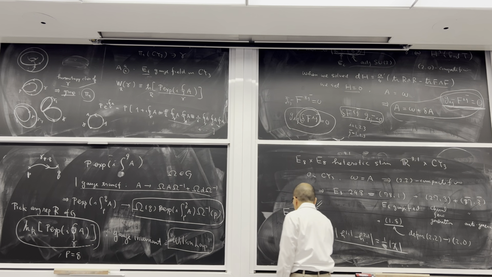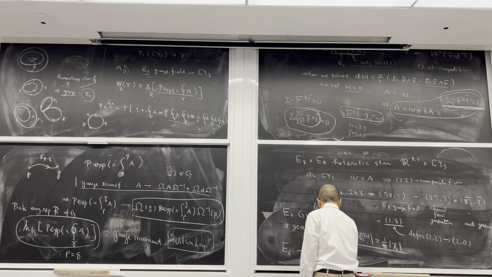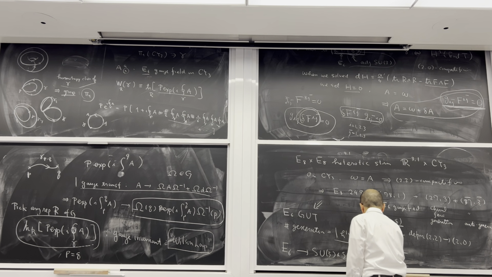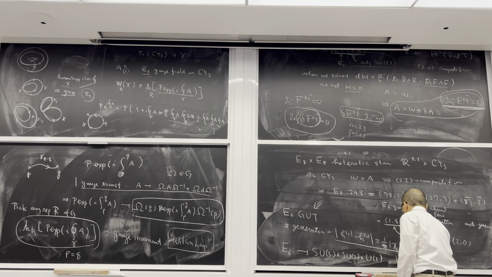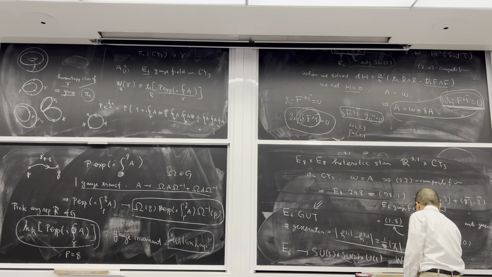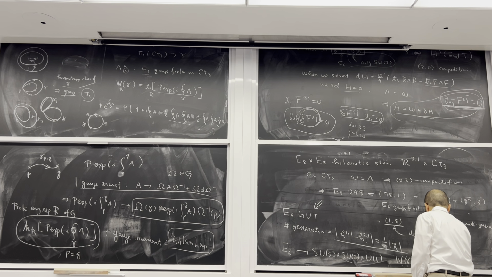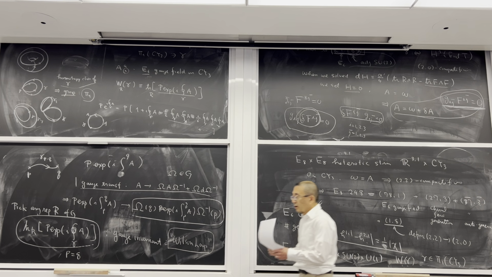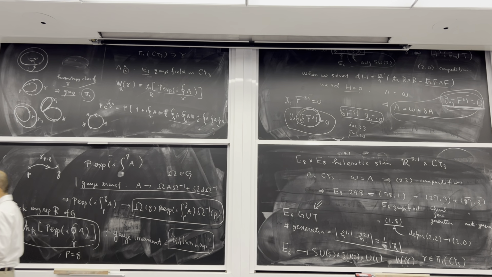And this E6 can be broken further to SU(3) cross SU(2) cross U(1) by turning on the Wilson line, if the Calabi-Yau has non-trivial fundamental group. So this is one of the scenarios which give rise to the standard model of particle physics.